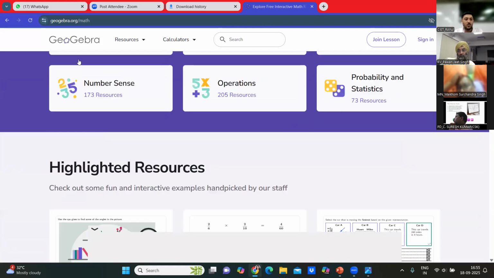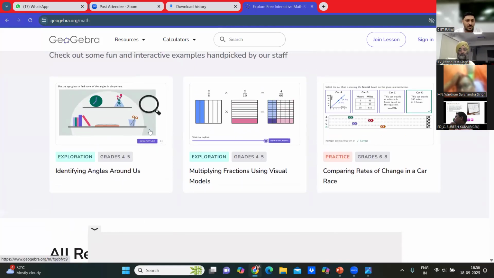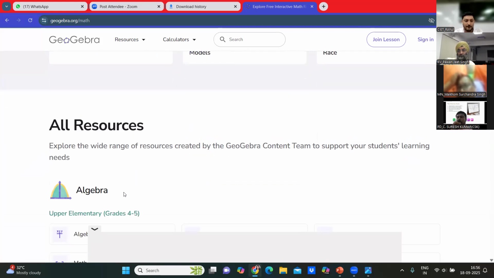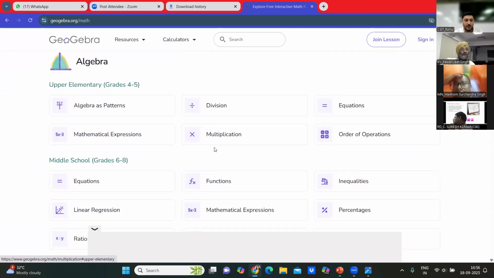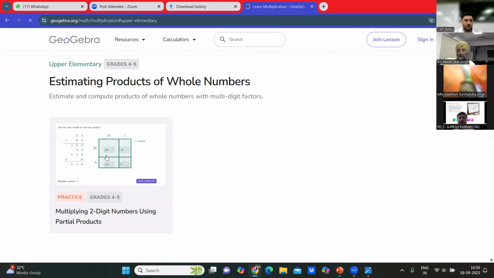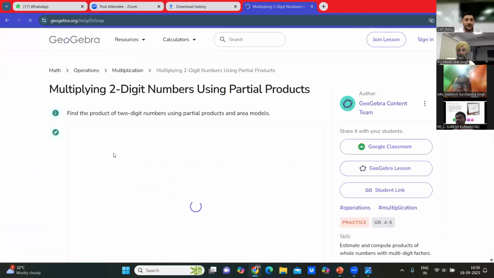Now click here, go to all resources. Click multiplication. Here we find the product of two-digit numbers using partial products and area models.